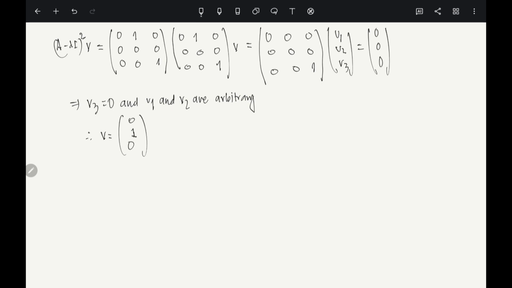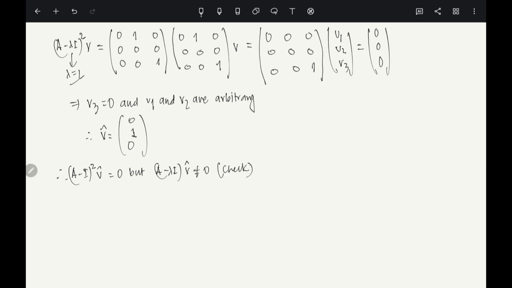If we call this v tilde, then (A minus I) squared v tilde is 0, since lambda is 1 here, but you can check that (A minus lambda I) times v tilde is non-zero. Please check this part. It's very trivial to see, but anyways, please check it.